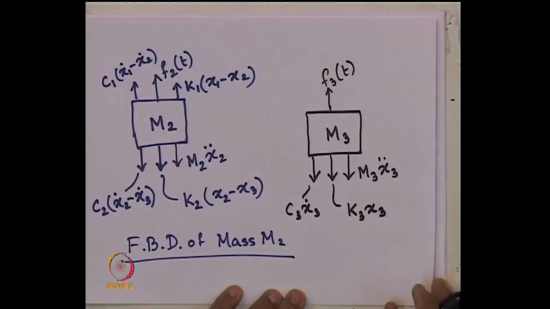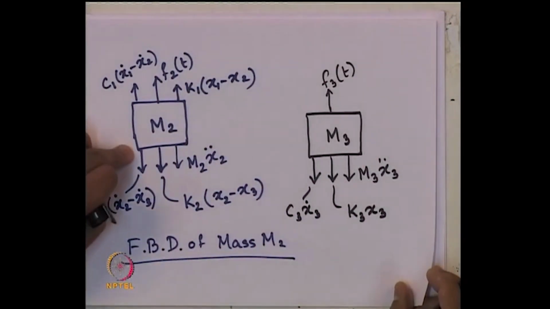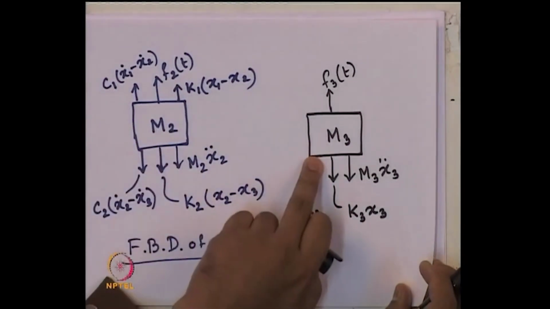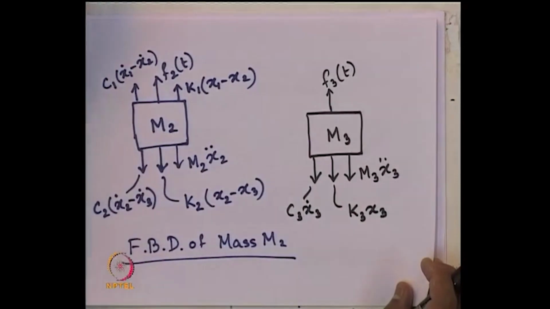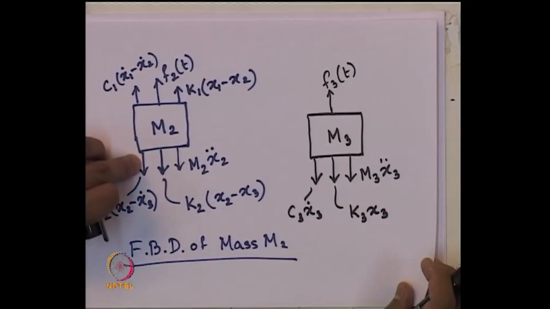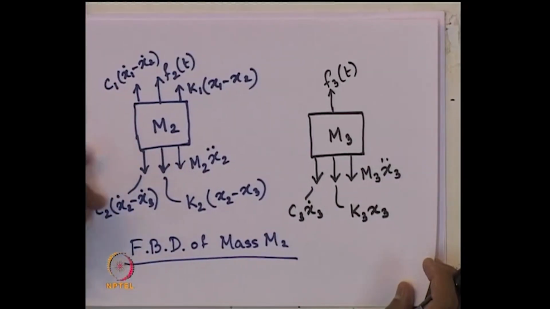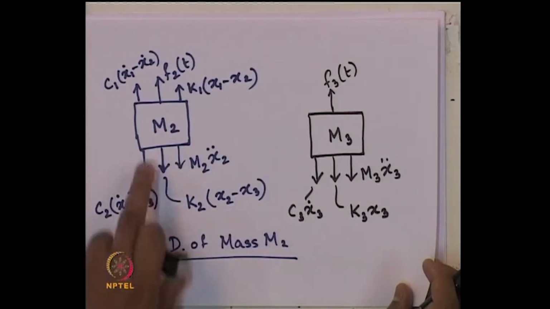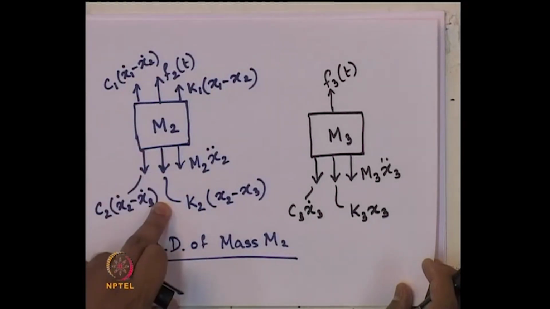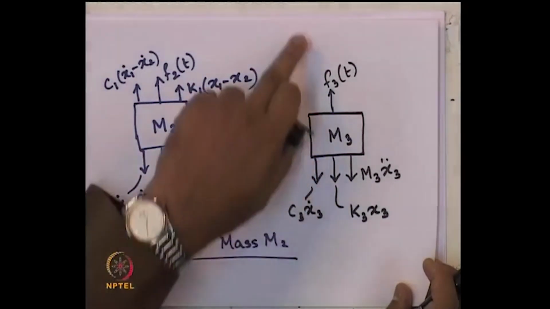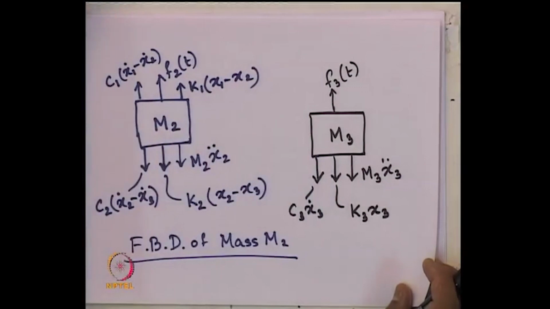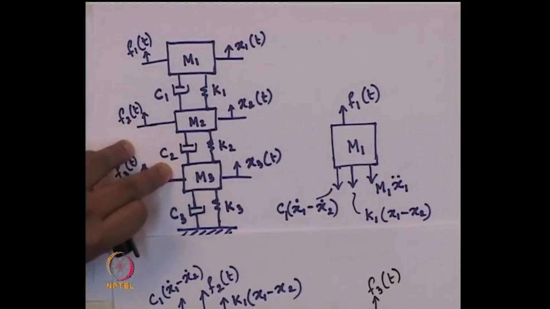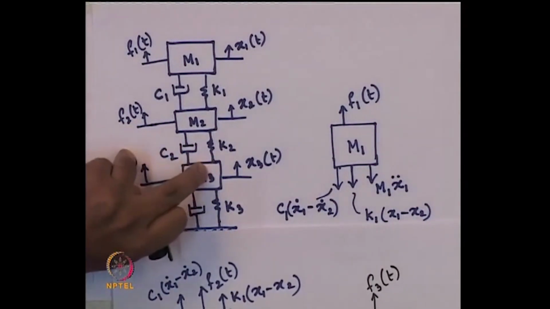Any other force? Yes. We have to again maintain the internal equilibrium between this mass m2 and m3, right. So, whatever these forces C2 times (x2 dot minus x3 dot) and K2 times (x2 minus x3) were acting on mass 2 in the downward direction, the same force in the opposite direction must act to maintain the internal equilibrium because of the connectivity through this C2 and K2.